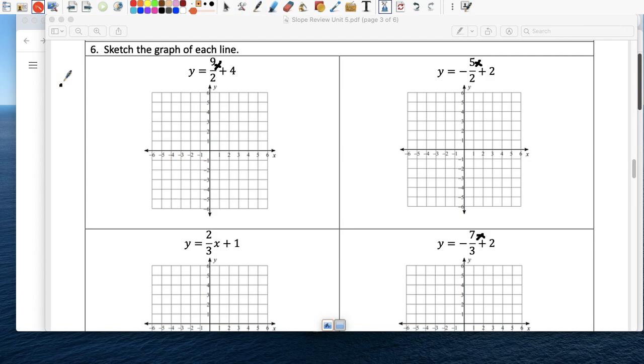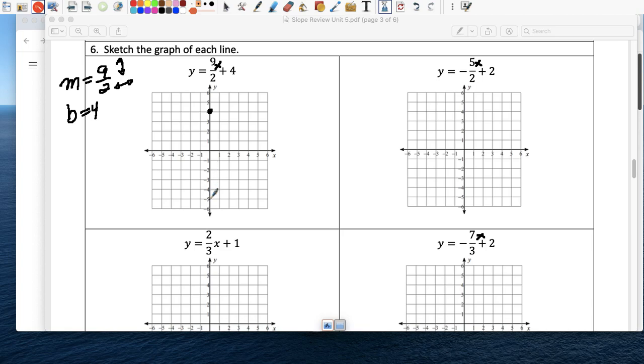Slope is 9 over 2. The y-intercept is 4. So we go to the y-intercept, and from here, up and down, we count 9. So if you want to put that arrow, that'll help you remember. 1, 2, 3, 4, 5, 6, 7, 8, 9.